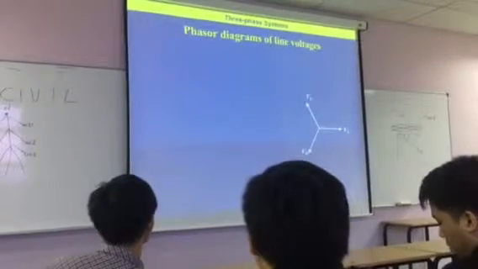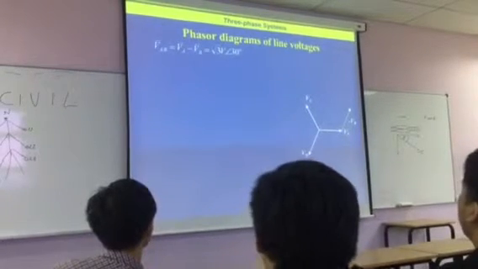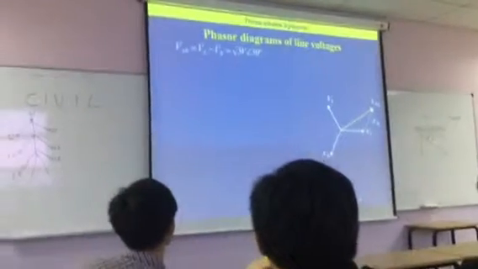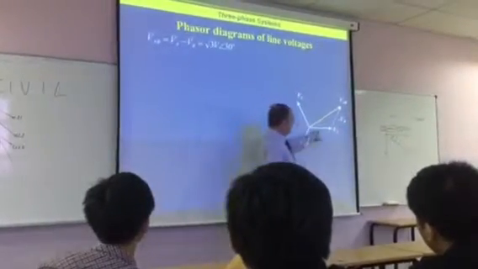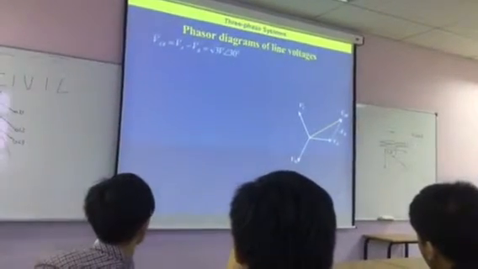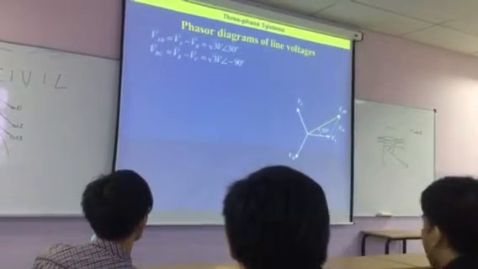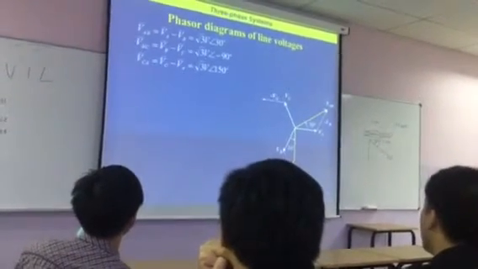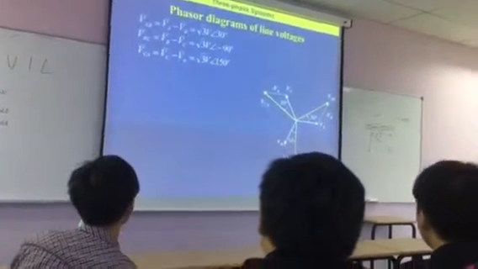If we put a phasor diagram of our line voltages, that's our VAB. The result is going to be larger. So this is our 240, and this is our 415, at 30 degrees. We can do the same for VBC, and for our VCA, for our three sequences.